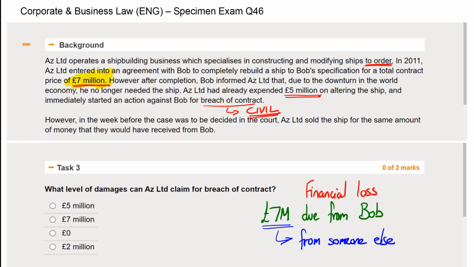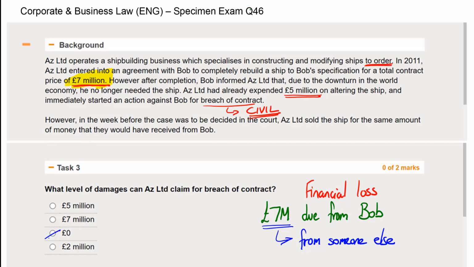Therefore, AZ has actually made no loss. The only difference here is that they sold the ship to somebody other than Bob. But in terms of the cash flows, they've received exactly the same cash flows. Therefore, their financial losses are nil.